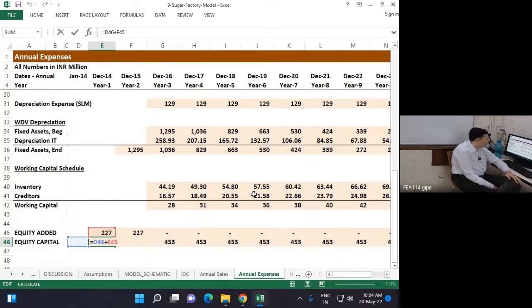So equity capital is 453 million for all of this from year 3 up to year 12. Is the number matching? 453.